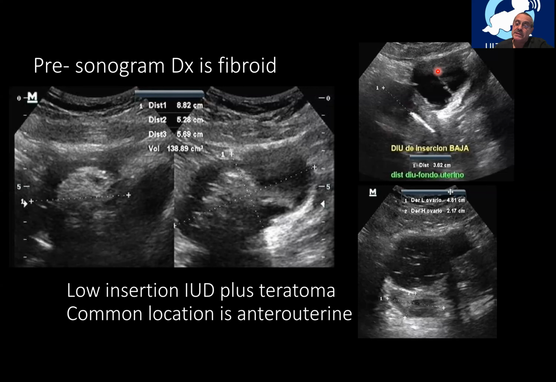And when you move it with the bimanual examination, you can move it apparently with the uterus, but not. This is apart from the uterus and is a complex adnexal mass, plus an inserted IUD.